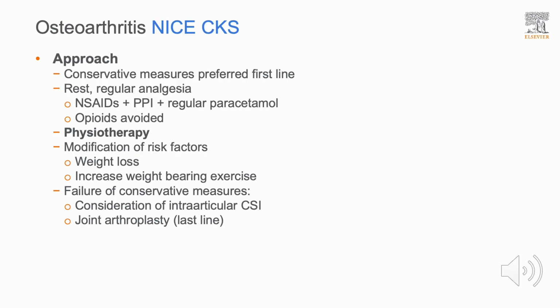Physiotherapy is a cornerstone of treatment, and any risk factors such as obesity and a lack of weight-bearing exercise should be modified. If there is failure of conservative measures, intra-articular corticosteroid injection can be considered, and in failure of this, a joint arthroplasty can be performed, although this is typically last line due to the invasive nature.